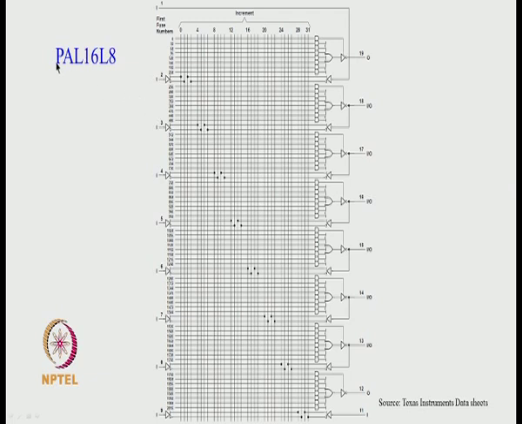If I can recollect, this was one of the devices which came into existence, and AMD used to make this particular device. This diagram is from the old Texas Instruments data sheet, and it shows the internals of the device.